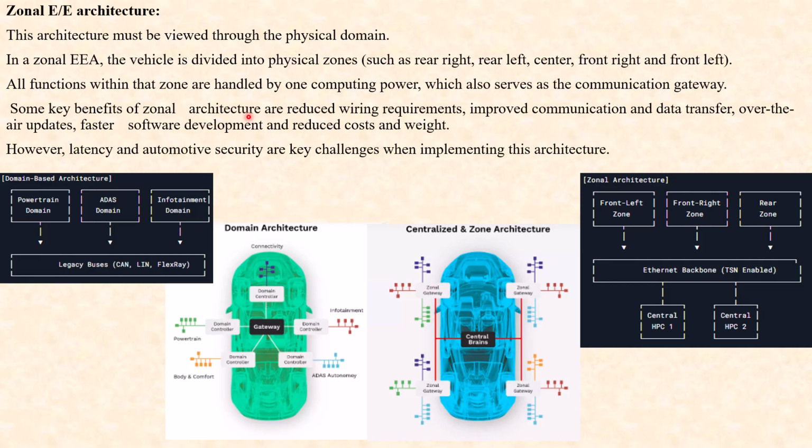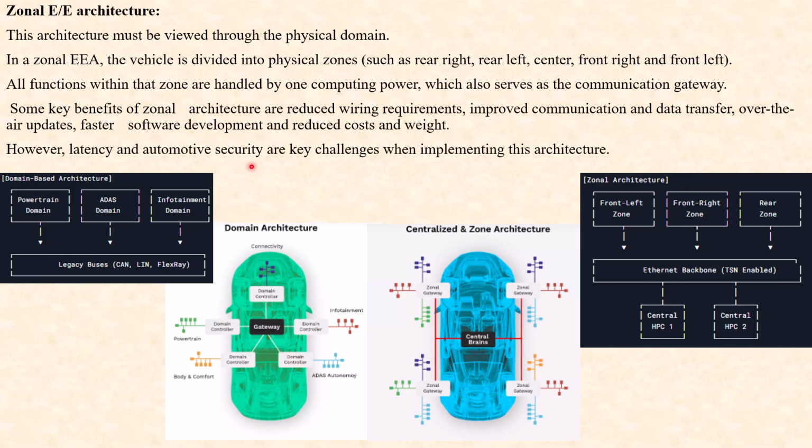Now, some key benefits of the zonal architecture are reduced wiring requirements, improved communication, data transfer and over-the-air updates, faster software development, and reduced costs and weight. So, this definitely showed a drastic improvement when compared to domain E architecture. However, latency and security are key challenges when implementing this architecture.